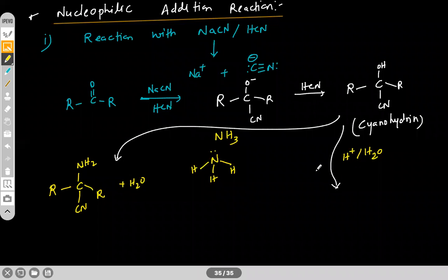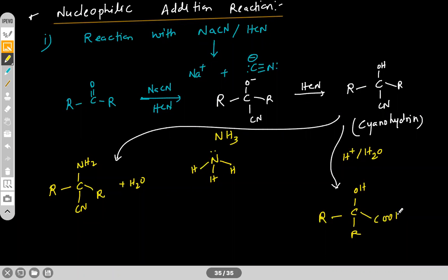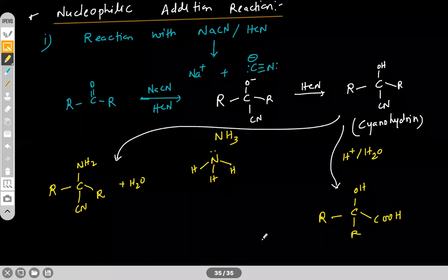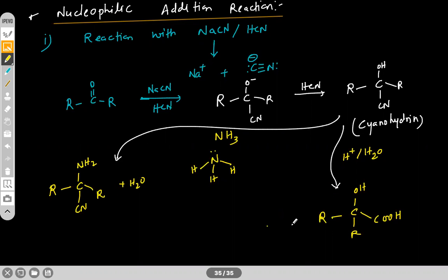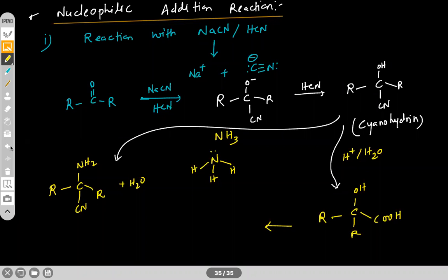With H plus, H2O, this cyanide on acidic hydrolysis, must remember this is important. Cyanide on acidic hydrolysis converts into an acid, that is COOH. I'll discuss this on the next page.